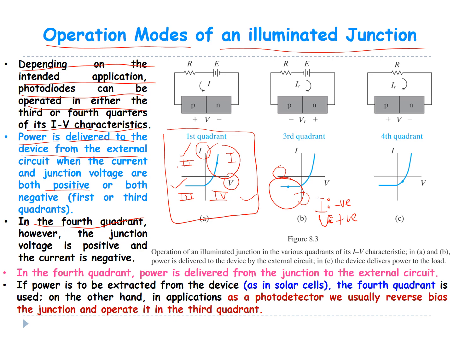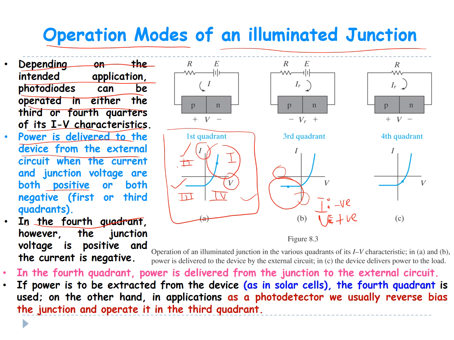So in the fourth quadrant, you can see that the junction works as a battery. The configuration of the junction here is similar to that of a battery, where you've got a positive voltage and a negative current.